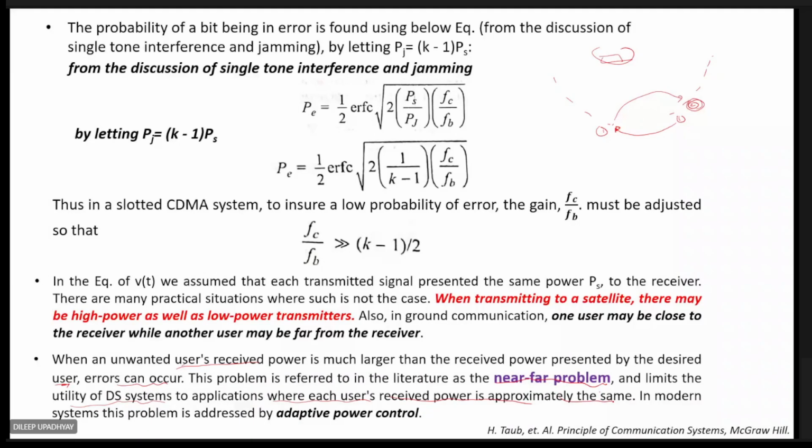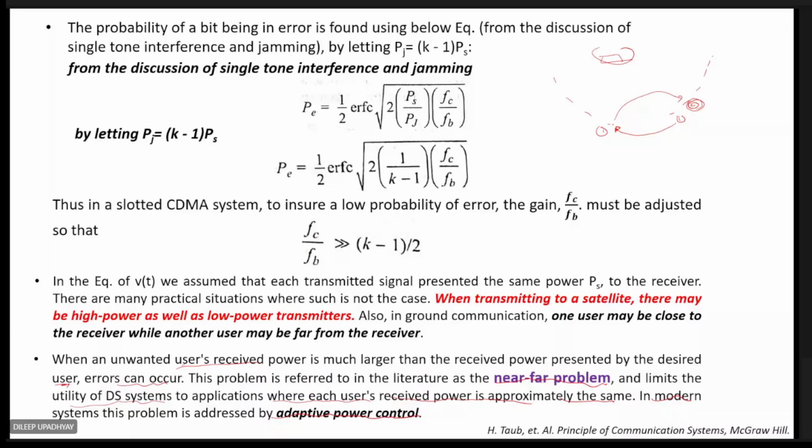In modern systems, this problem is addressed by adaptive power control. I've already told you this at the start of this topic. That is, this near far problem is not as serious nowadays as it was earlier, because with adaptive power control, the system can adapt according to requirement.